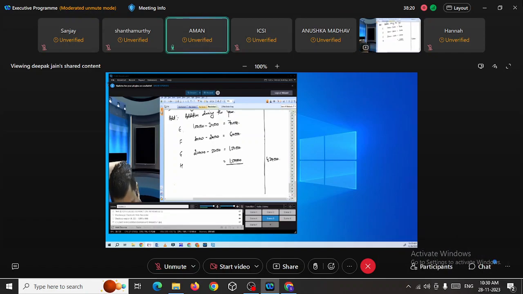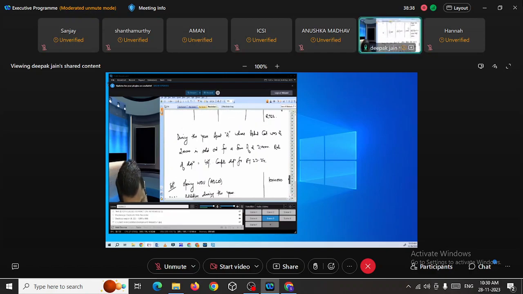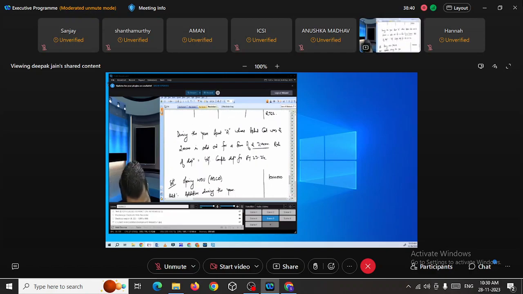60,000 less money received in respect of asset sold. So how much is the money received? 3 lakh.